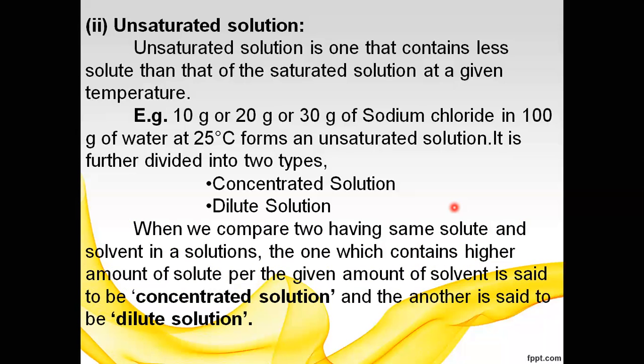because the 50 gram of salt solution contains a larger amount of solute. So this is called a concentrated solution, and the 30 gram one is the dilute solution, which contains less solute.